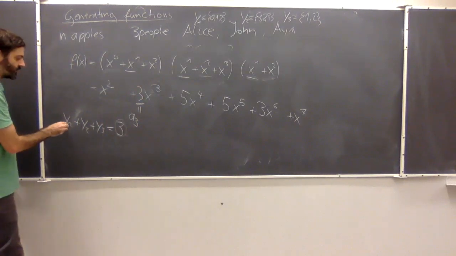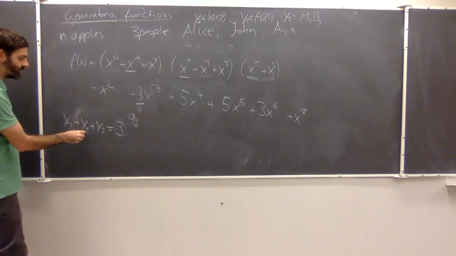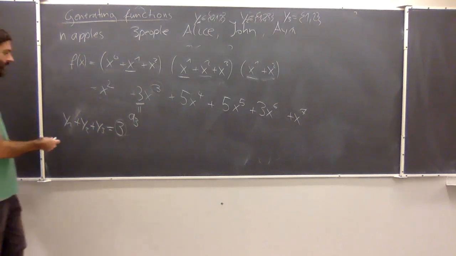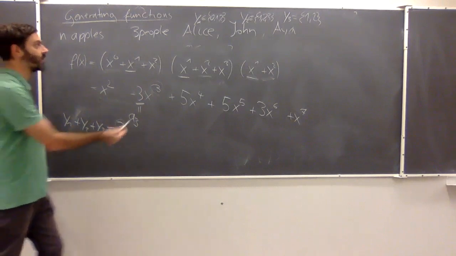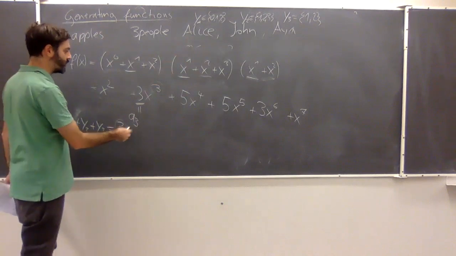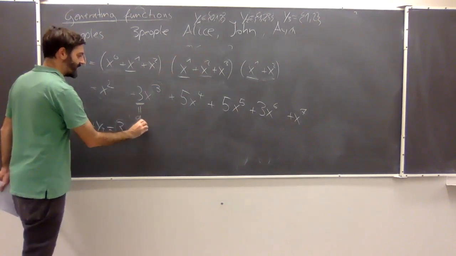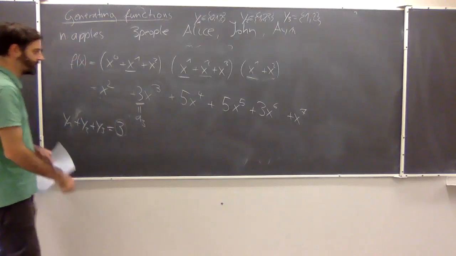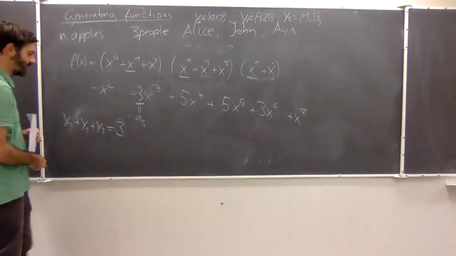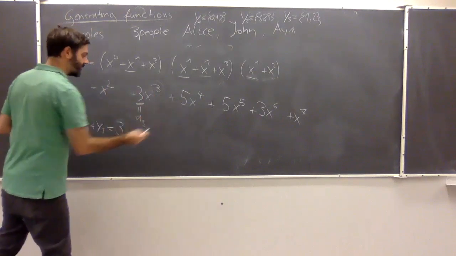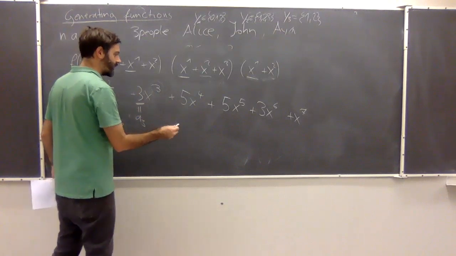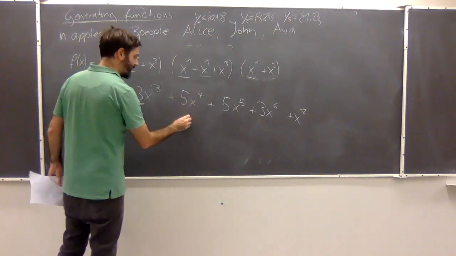And these are the choices for Alice, the choice for John, and the choice for Aya. So how many ways are there to choose integers out of these sets such that their sum is 3 corresponds to a_3 in the sequence, the coefficient of the power 3. I'm doing it one more time here so that you're clear about what's the coefficient and what's the power.